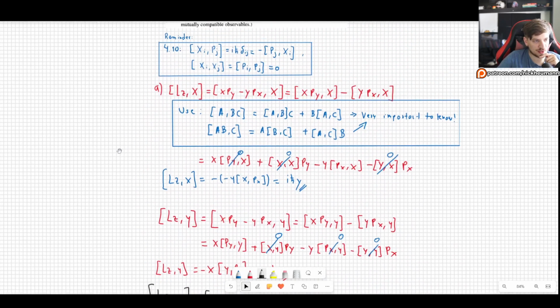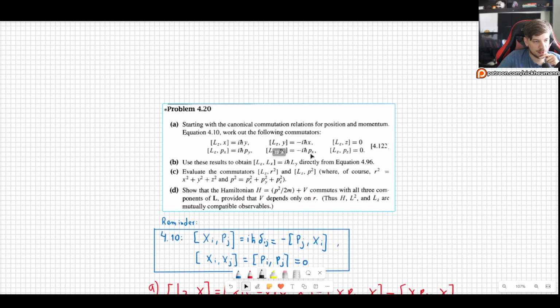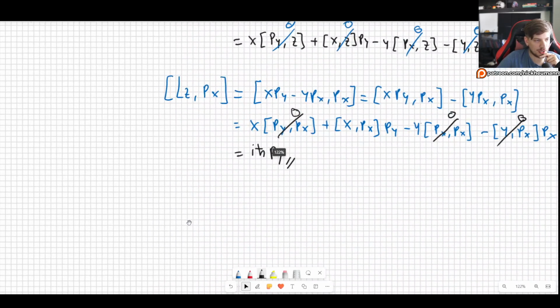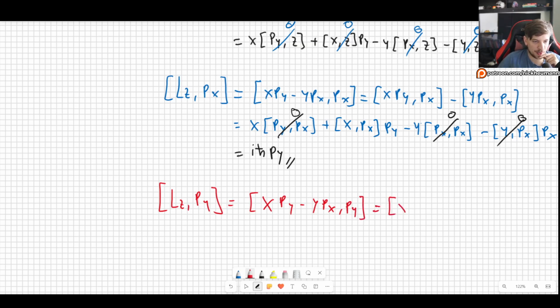Let's go for the next one. So now we have to do Lz, py. Okay, so Lz, py. So here we are going to start off again, exactly the same. This is just basically the same procedure over and over again. So again, we separate this. So iℏpy, comma py minus iℏpx, comma py. Now we separate this.